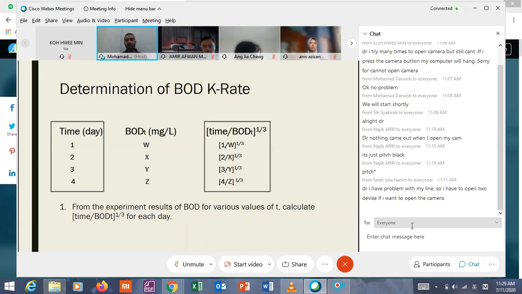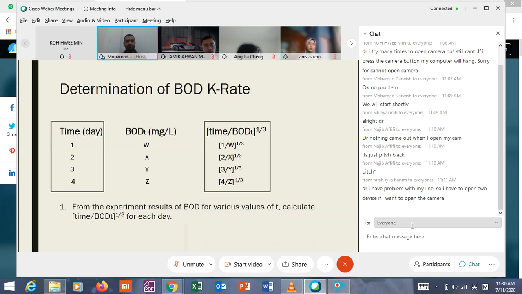One can eat in half an hour, but another one can eat in 2 hours. Another third one has to spend all the day to finish this dish, and so on. So how to determine this K rate for such wastewater? For each type of wastewater, the K rate will be different.